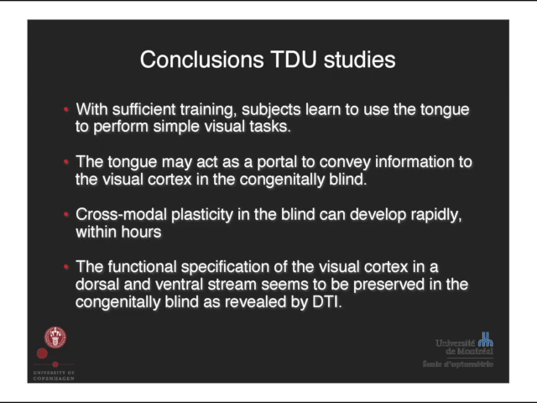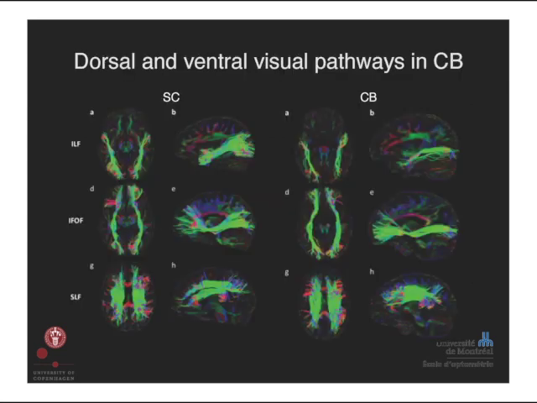And what is really interesting is that the functional specialization of the visual cortex into the two streams, the ventral and dorsal, seems to be preserved in the blind as revealed by diffusion tensor imaging. So this is a technique where you can see tracts. We could discuss that also later, and it looks like this.